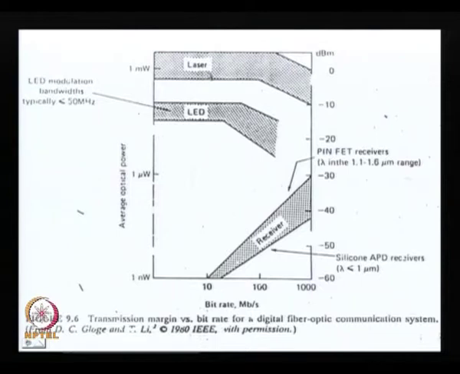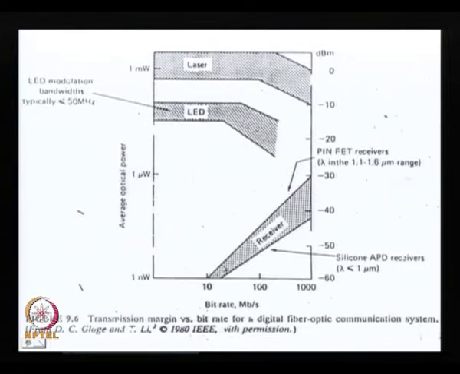As the data rate increases, the important thing to note is that the power supplied by the source reduces. The same plot is also giving the minimum detectable power required for a given bit error rate as a function of the data rate or the bit rate.